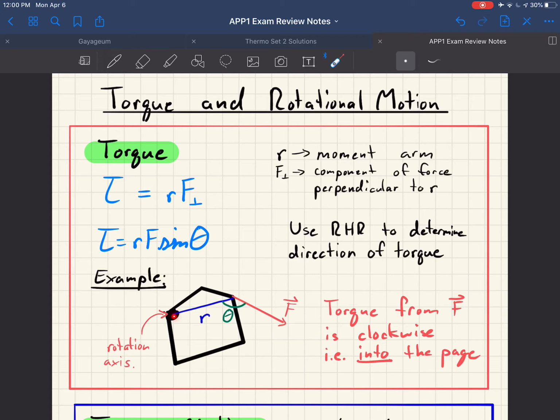So the vector direction of torque would be into the page as given by the right-hand rule. And just to make it really clear, this component here that I just sketched in is F perpendicular.